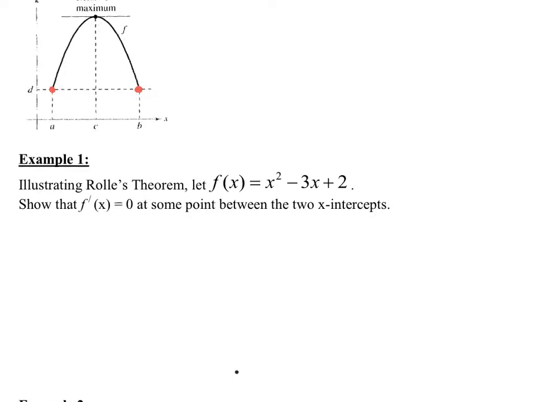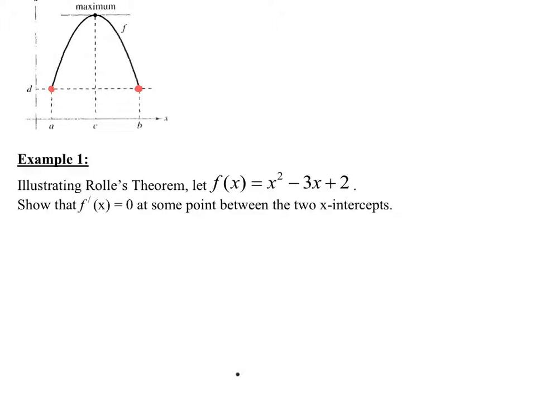let's look at actually using this here. It says, illustrating Rolle's theorem, let f of x equal x squared minus 3x plus 2. Show that f prime of x equals 0 at some point between the two x-intercepts. So the first thing that I would do is find the x-intercepts. Alright, so the x-intercepts are where what happens? Y equals 0.